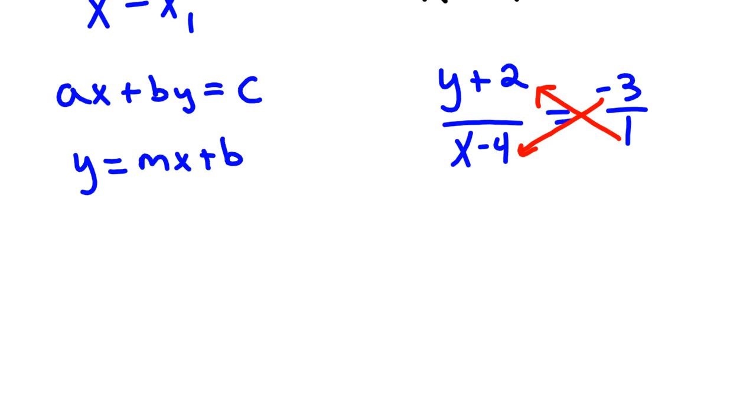And that's called cross multiplying. It's actually a trick. It's kind of a witchcrafty thing. We're actually multiplying both sides of the equation by the reciprocal, which is 1 over -3.